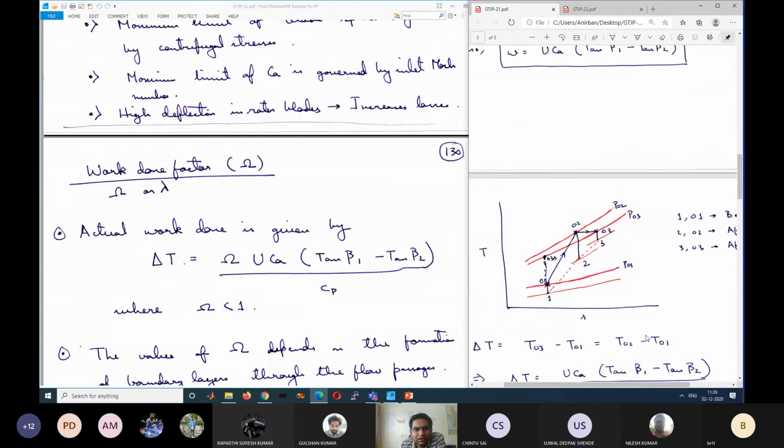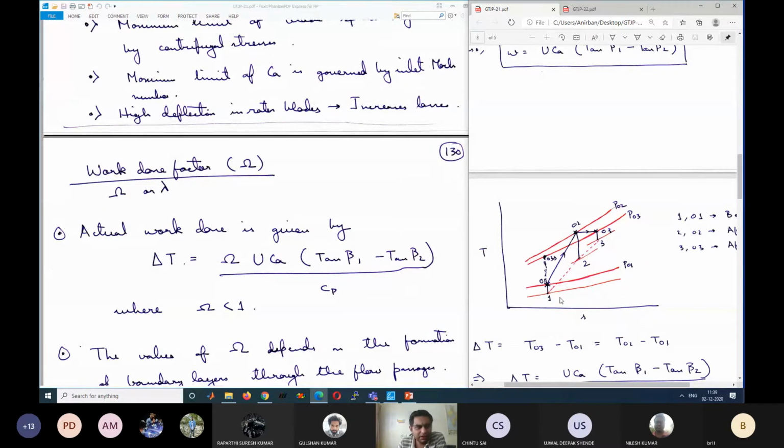In real life, the actual work done on the fluid is slightly less than that given by the ideal equation. The ideal equation gives us UCA (tan beta 1 minus tan beta 2) as the work done on the fluid, but actually the work done is slightly less.